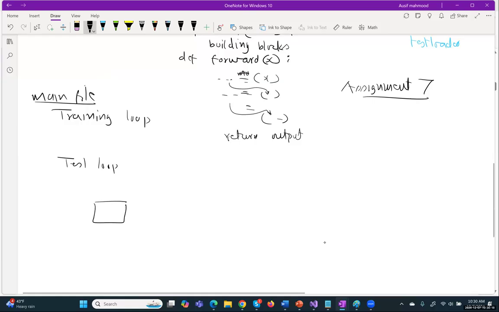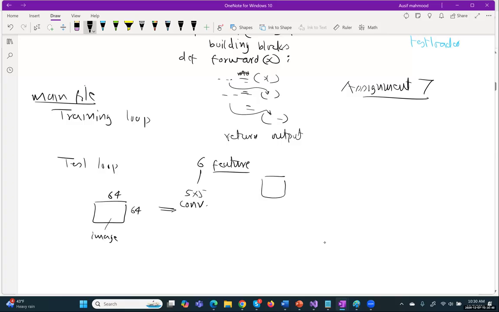let's say you are given a 64 by 64 image. And let's say in the first layer you apply a 5 by 5 convolution, and you apply 6 of these. So 6 feature maps, meaning 6 different convolutions, each 5 by 5, right? How many things will it produce? 6, right?